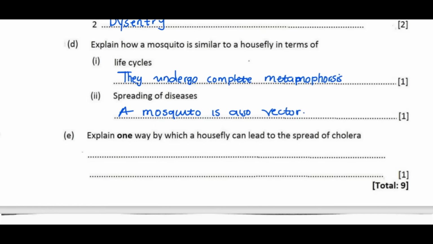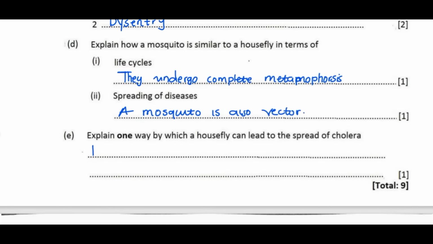So what happens is, if a housefly goes onto a decaying substance or waste substances, so if it sits on that, when moving from that into the food that is supposed to be eaten by an individual, it carries its pathogen on their legs and also on the small hairs that cover their bodies. So we'll explain this.